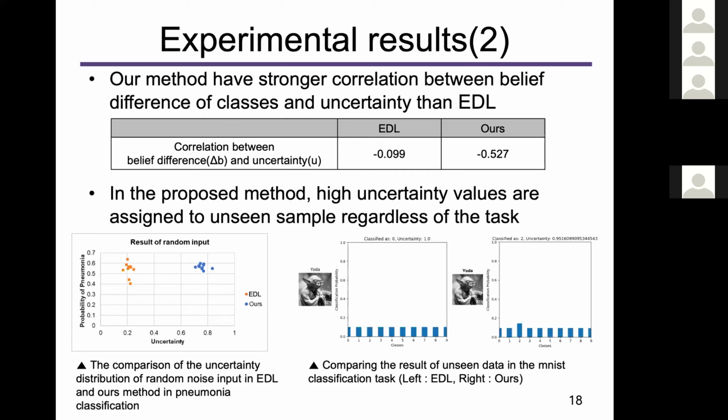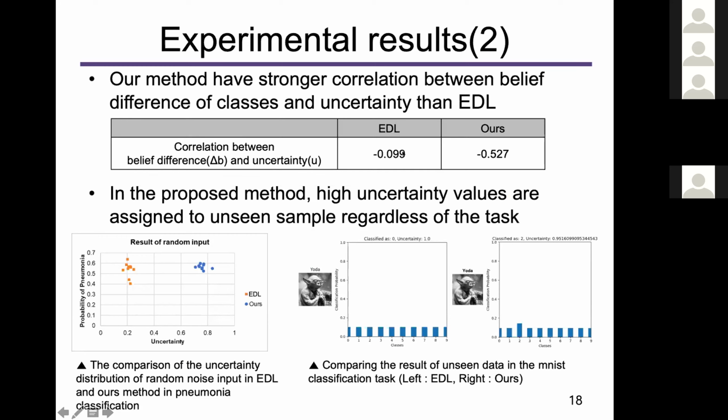But if the difference between beliefs is small, it means the model is confused. Like the sample is confusing and the model has no idea if the sample goes to one or two. So in our assumption, that case is uncertain. So we compared the correlation between belief difference and uncertainty.